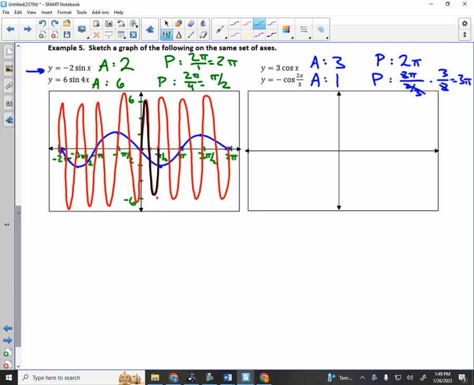So my x-axis, I want to stretch it out to 3 pi. I divide it in half to get 3 pi over 2. What do you get if you divide 3 pi over 2 in half? 3 pi over 4.